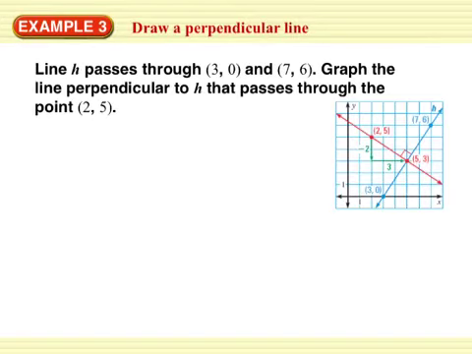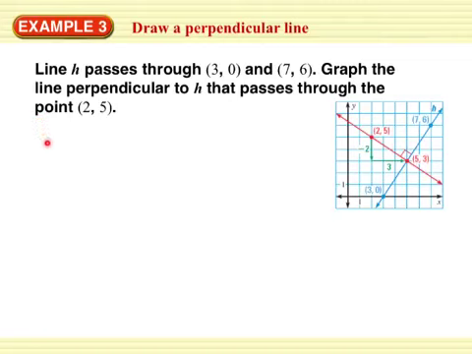Okay, last example for this first part of the video. Line H passes through those 2 points. Graph the line perpendicular to H that passes through the point 2, 5. So we need to know the slope of line H, because the perpendicular slope, which wasn't said earlier, is the opposite reciprocal, and I'll go over that in a second.